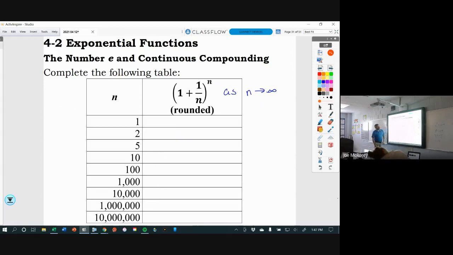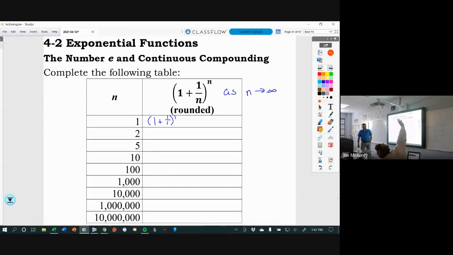What we're going to do is take this expression and evaluate it with these values of n. For example, the first one: I want to know what is (1 plus 1 over 1) raised to the first power. I changed the n's to 1's.